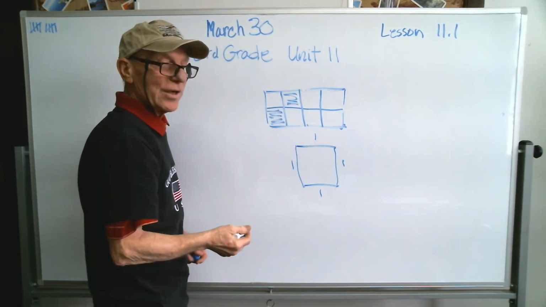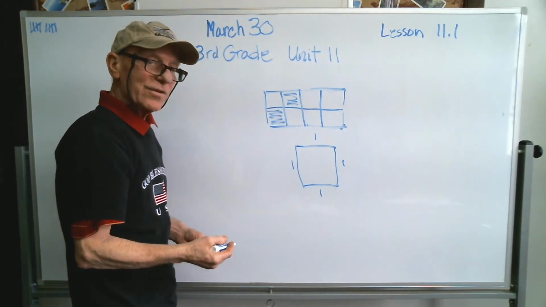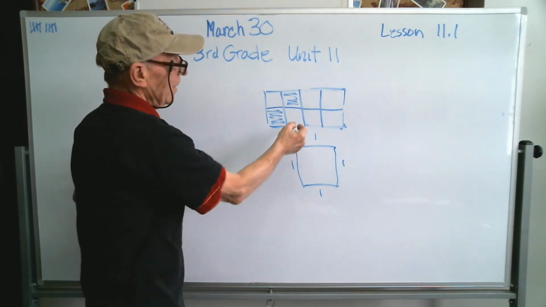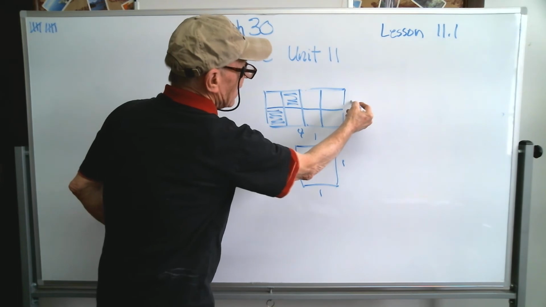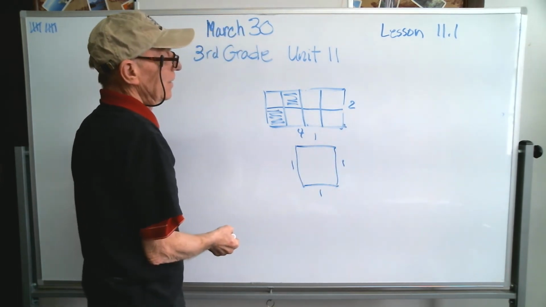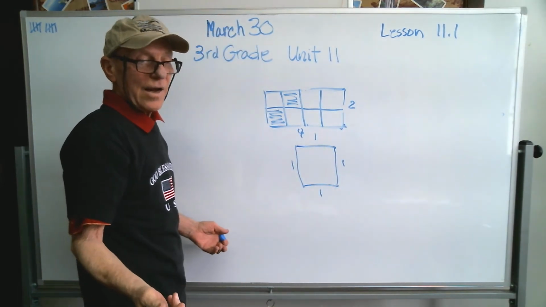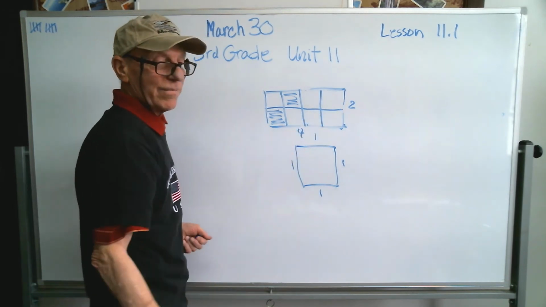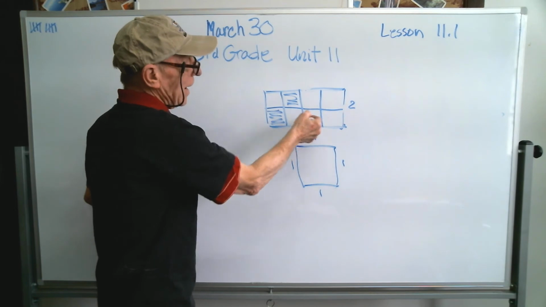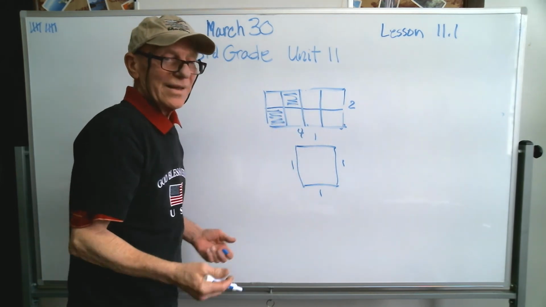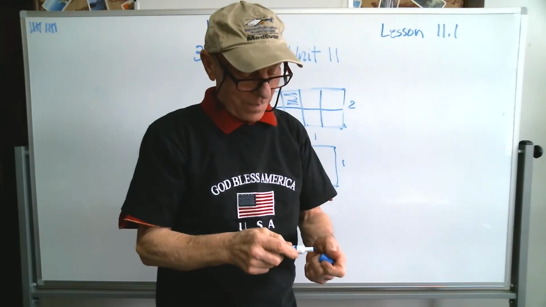These are square units that would cover the surface of that. It looks like we've got 4 square units on that side and 2 on this side. And in order to find area, it's just length times width. 4 times 2 is 8. And there are 8 square units within that shape.